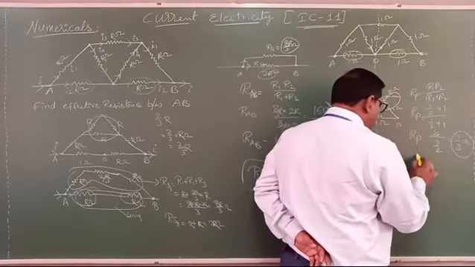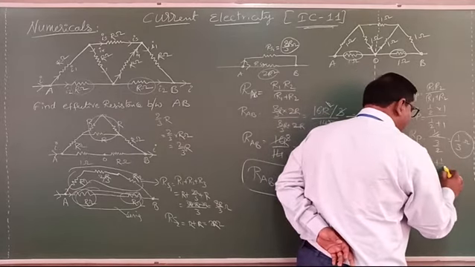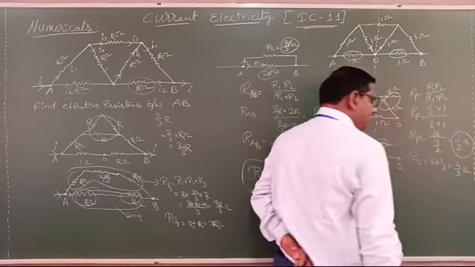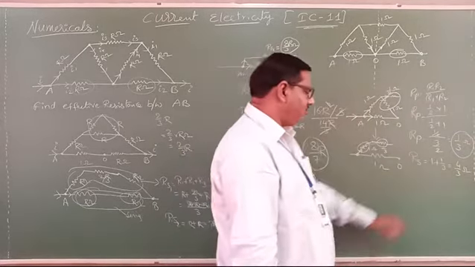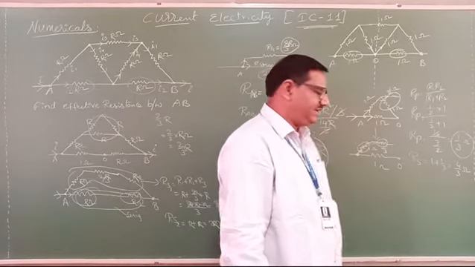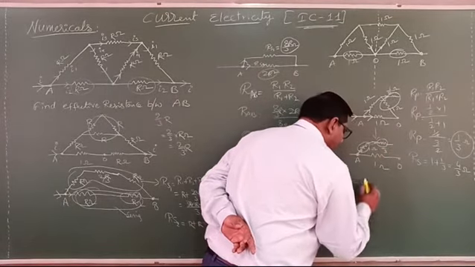In series combination, what can you write? R1 plus R2. Here we have 1 plus 1 by 3. So how much is the total? 4 by 3 ohm. If you take the LCM, 3 plus 1 is 4 by 3. Clear?